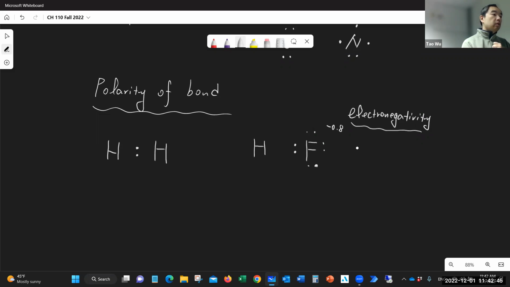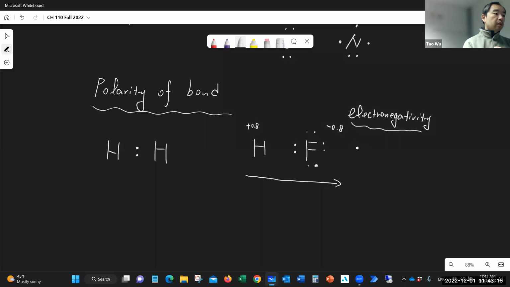In this case, hydrogen is not completely losing the electrons, but it may get a 0.8 positive charge because the electrons are more close to fluorine. This guy still has not completely lost the electron to get a completely positive 1 charge, but it has a partial charge. Okay, that makes sense, right? So you will see we got a trend here.